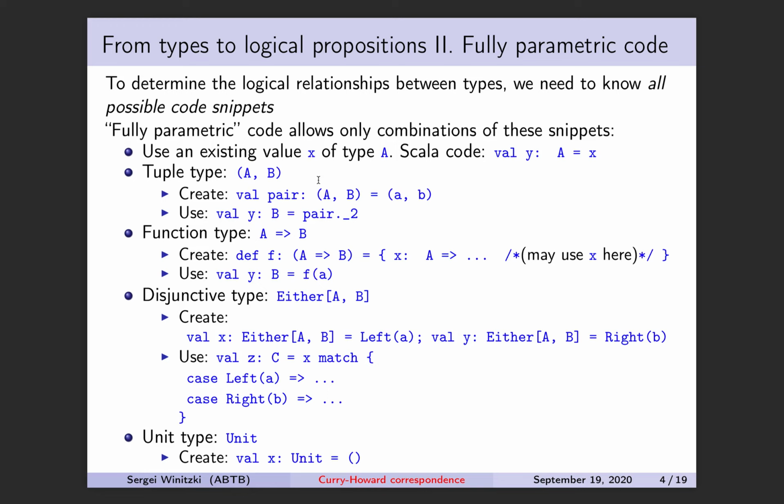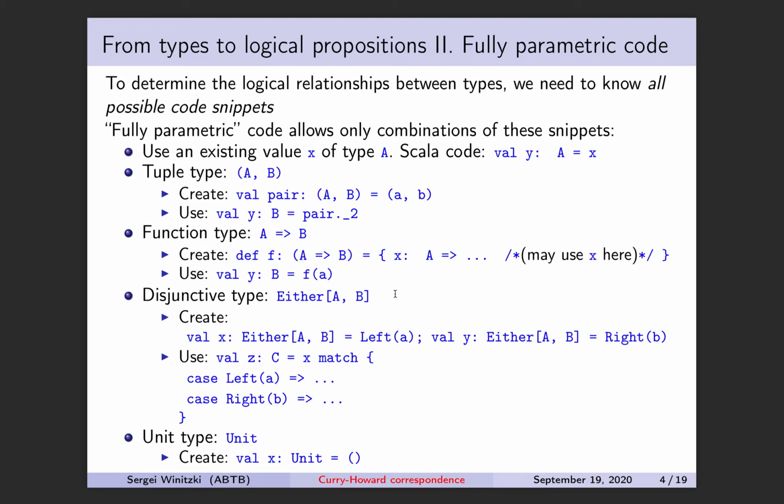You can have a tuple type, which you can create using two values of types A and B. You get the value of type pair AB, and you can use that tuple type to extract values from it, like this, for example. Function type. You can create a function which requires you to write code like this. And here you have some expression that uses the value x, or it may use the value x. And you can apply a function to an argument.